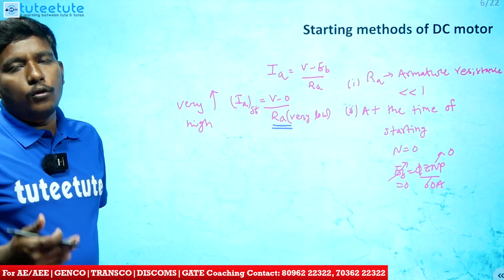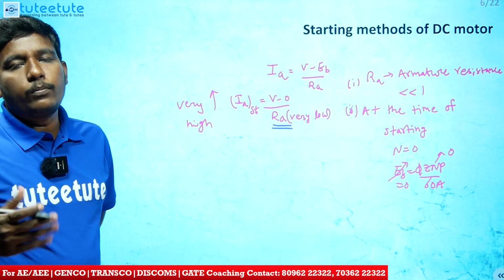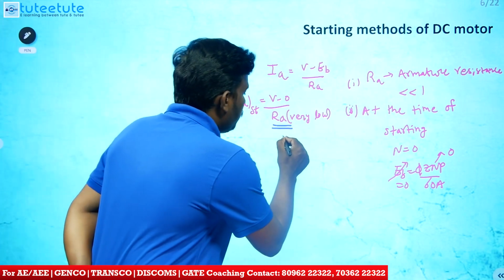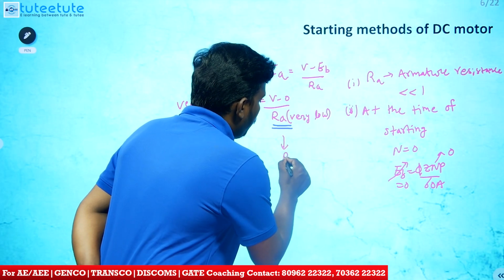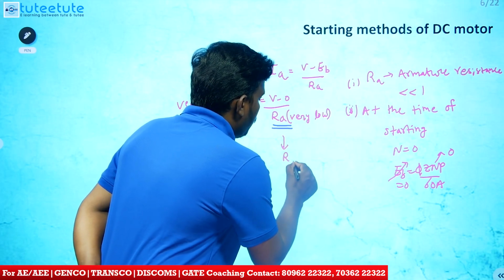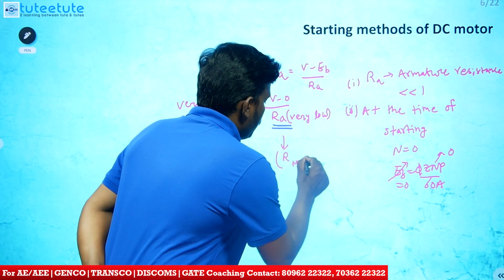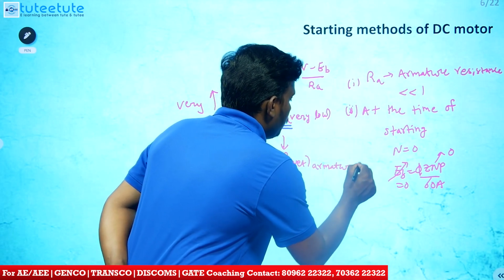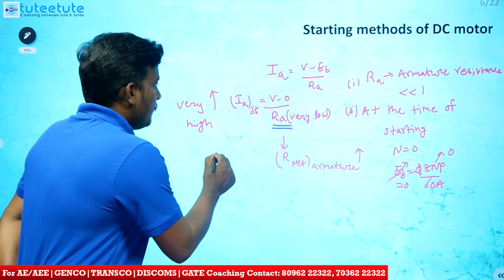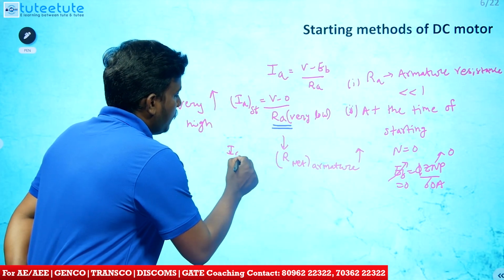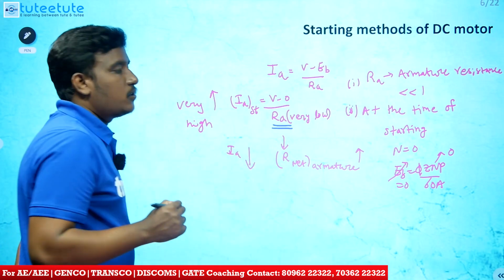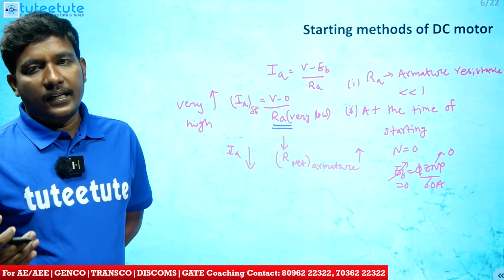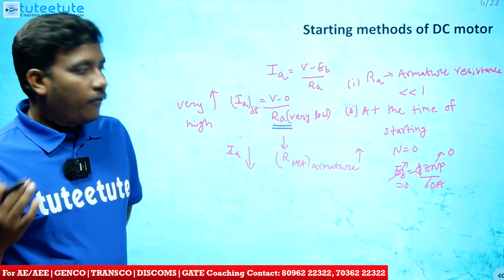If we are able to increase the net resistance of the armature by connecting an external rheostat, then the armature current is going to decrease, so that our motor can operate at a safe current.